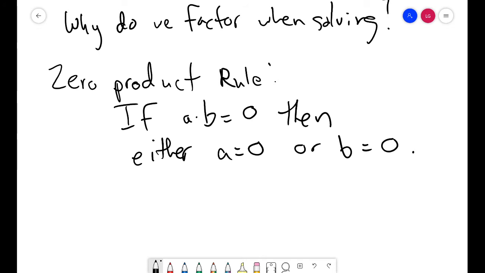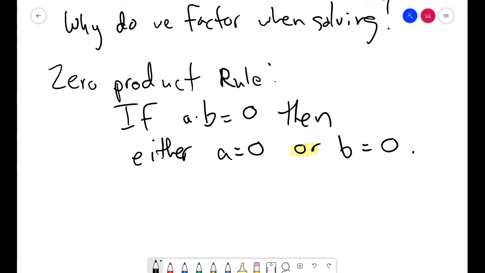And, or, in mathematics, is a very precise word; it does not discount the possibility that both could be zero. That's perfectly fine. It embraces that A and B could both be zero. It still holds the zero product rule. But all you need is for one of them to be zero, and then it doesn't matter, right?